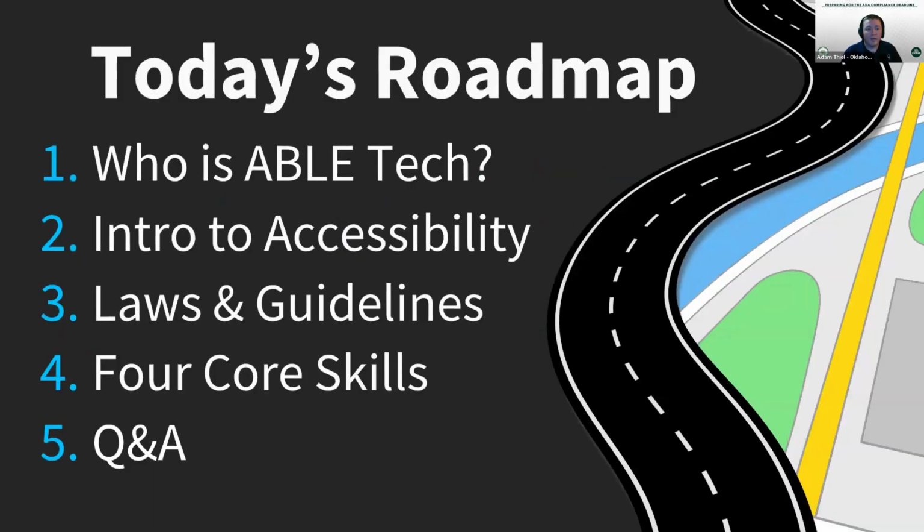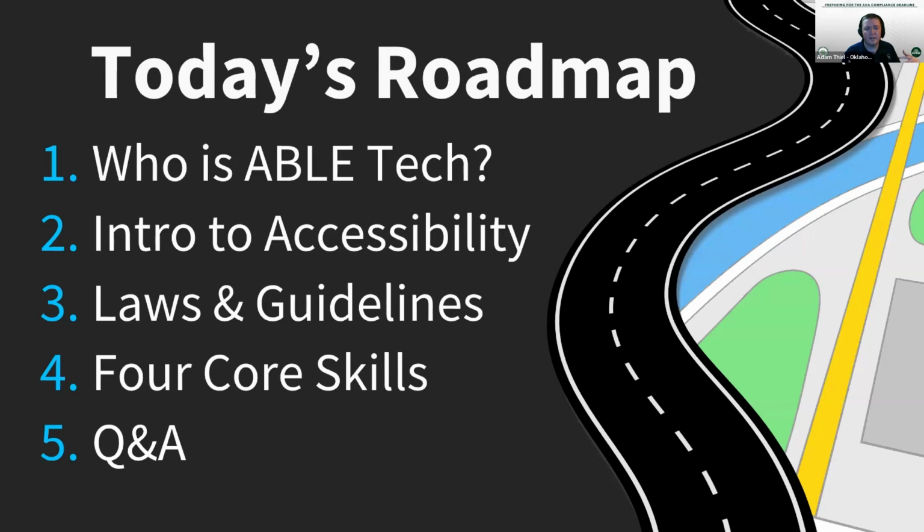Today's roadmap, we're going to talk a little bit about why I'm here talking to you, who AbleTech is, and then I'll give an intro to digital accessibility, to get everybody on the same page for what that means. Then we will talk about some specific laws and guidelines that relate to digital accessibility.